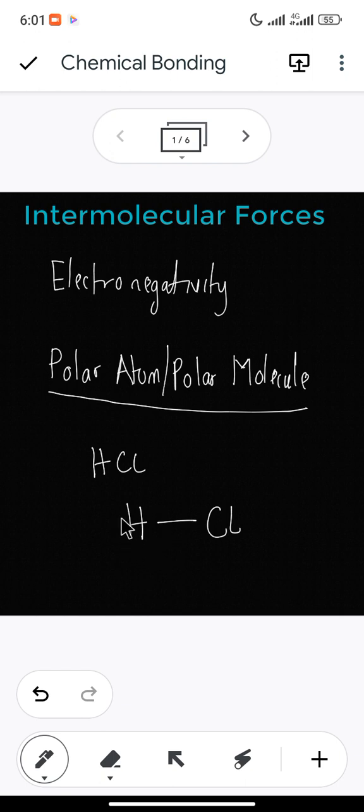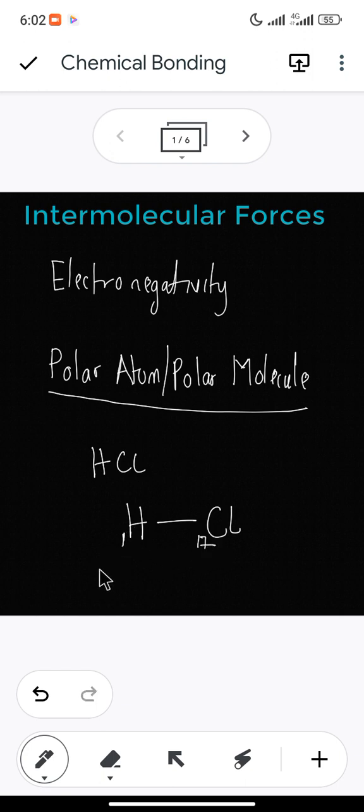According to what we said in the previous video, a covalent bond involves sharing of electrons. Let's try to draw the structure. Now, hydrogen has atomic number 1. Chlorine has atomic number 17.